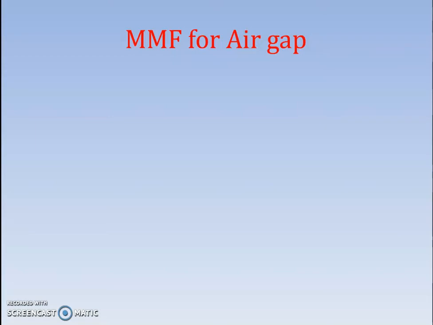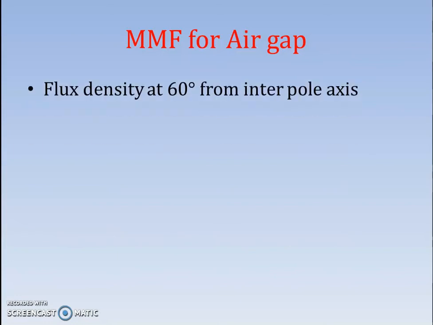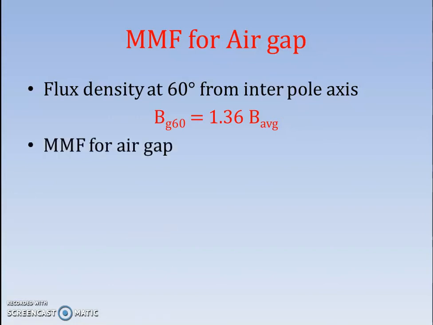So we start with the magnetomotive force for the air gap. As we discussed, flux density at 60 degrees from the interpolar axis will be considered. So B suffix G is for the gap at 60 degrees, that is 1.36 times the average flux density. From the flux density we can calculate the magnetomotive force for the air gap.